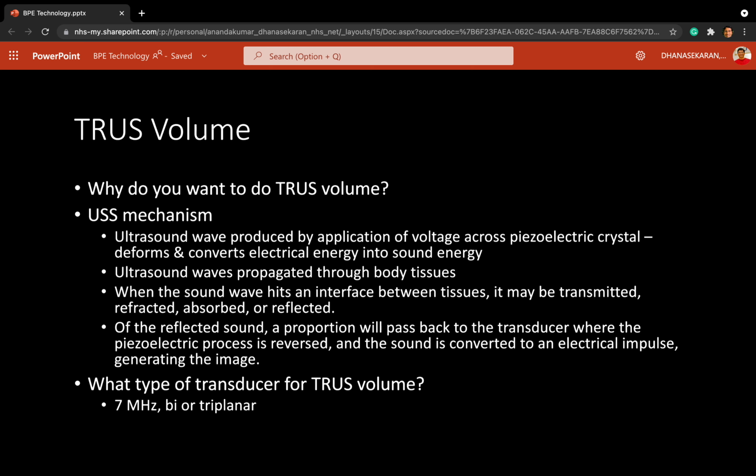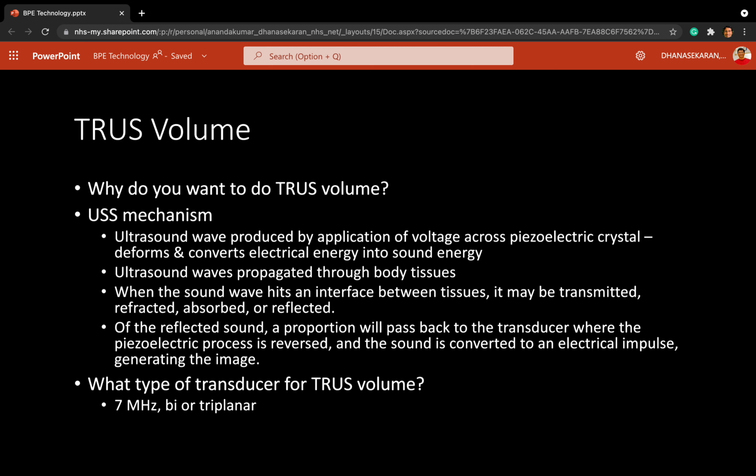This will produce ultrasound waves which reflect back off the prostatic tissue, and this returns to the transducer and produces an electrical signal. From the TRUS of the prostate, this can gain information about the size of the prostate, as well as the presence of the seminal vesicles, and the bladder can be visualized too.